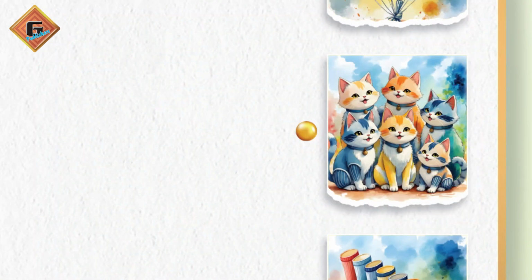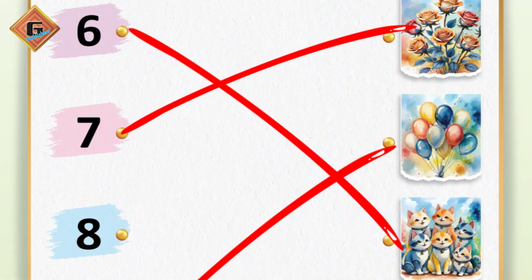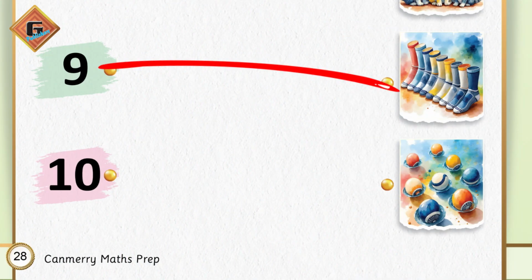Next one are cats. 1, 2, 3, 4, 5 and 6 cats. Next is shoes. 1, 2, 3, 4, 5, 6, 7, 8 and 9 shoes. The next ones are balls. 1, 2, 3, 4, 5, 6, 7, 8.